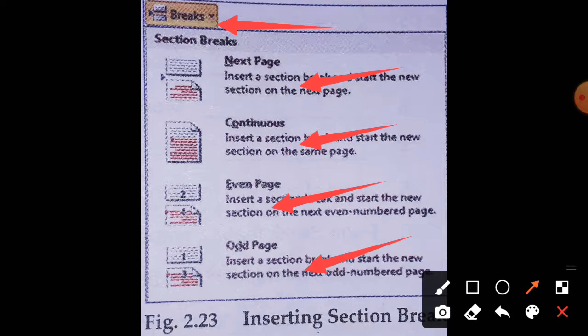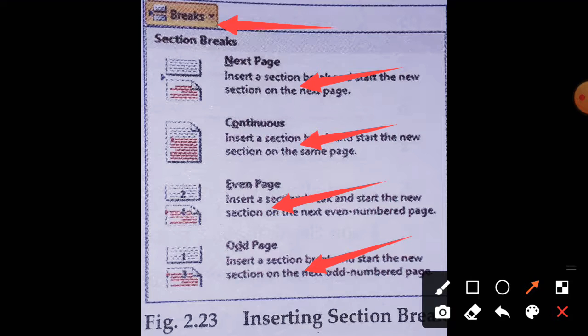Even Page, as you know, children, is for when you want to separate that line or paragraph onto an even page number, like 2, 4, 6, 8. If you don't want an odd number, you can choose this option for separating your paragraph, lines or text onto an even page number.